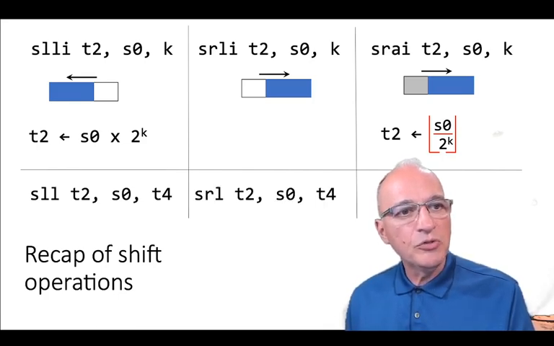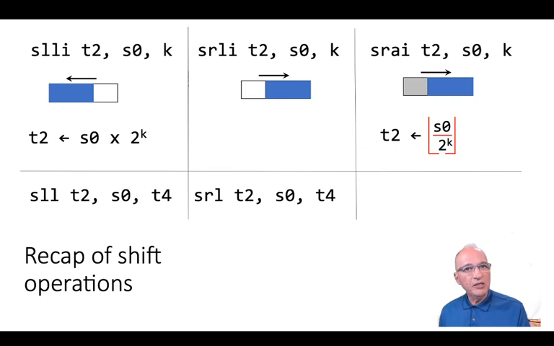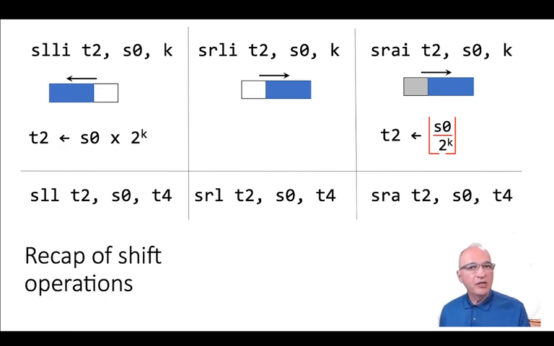The same is true for the shift right logical. And I also have a version of the shift right arithmetic where I can specify the number of bits to be shifted using a register. So this is what we had for the shift operations. In the second part of this lecture, we're going to look at the bitwise logic operations.